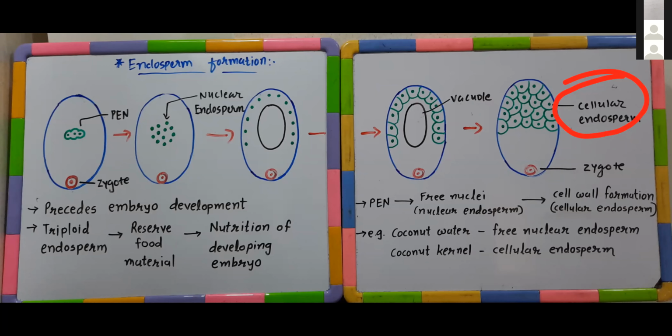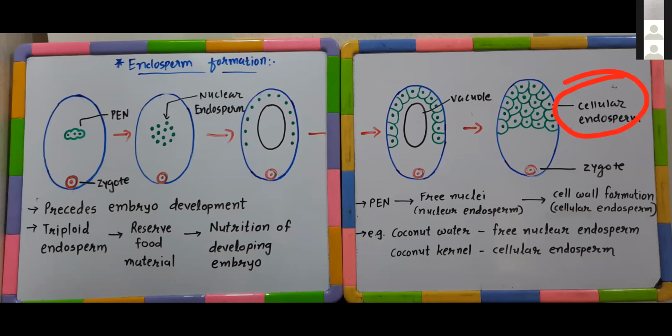Coming to the endosperm formation. From which cell should the endosperm formation start? If I ask you, which is the cell that is supposed to give rise to endosperm formation? Primary endosperm cell. The cell I am asking, it should be primary endosperm cell.